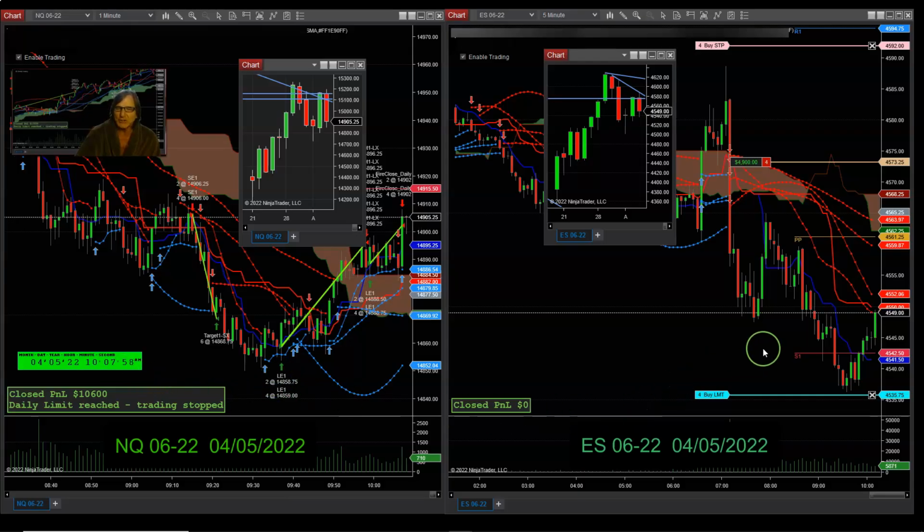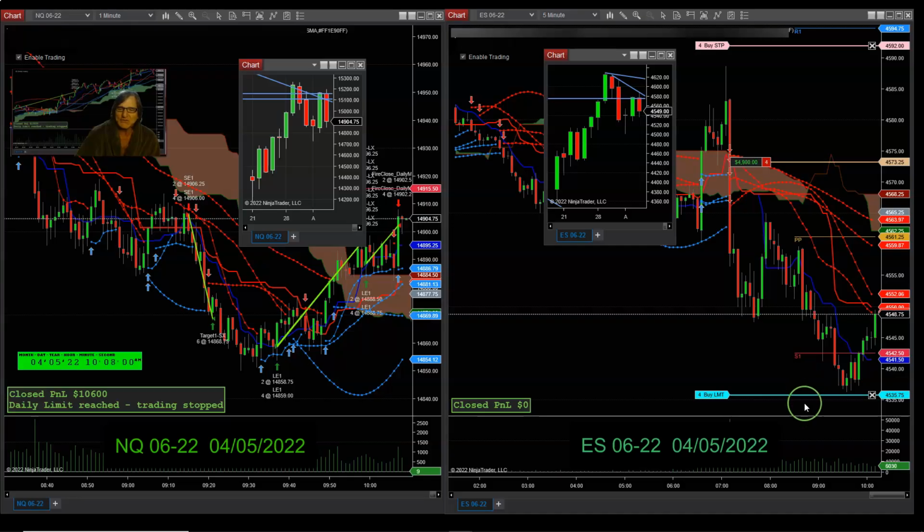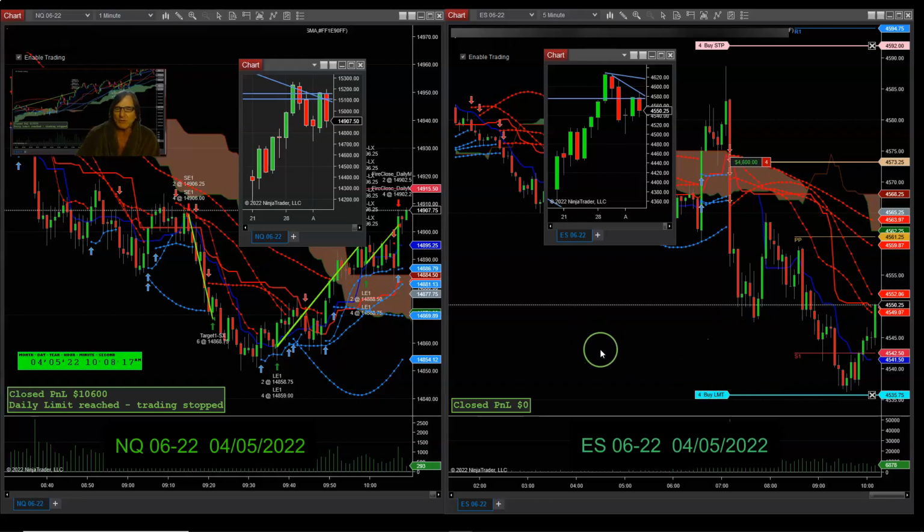Now we're over here looking at the ES. So we're still in this trade, and it has yet to be resolved one way or the other, okay? One of the things that's kind of interesting about when you're in a downtrend, a lot of times green will touch green. What do I mean by that? Well, did green touch green here?